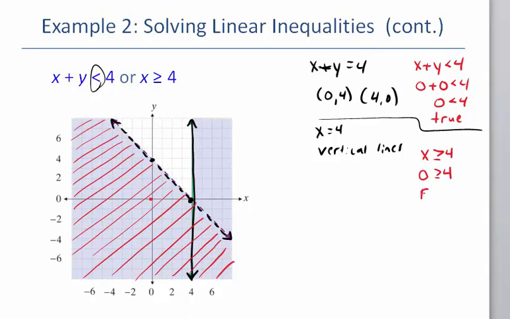We know that that is false, which means that 0, 0 is not in the solution set of x is greater than or equal to 4. So we don't want to shade on this side of our line, but we want to shade on the other side. So we're going to shade everything to the right of the x is equal to 4 line.